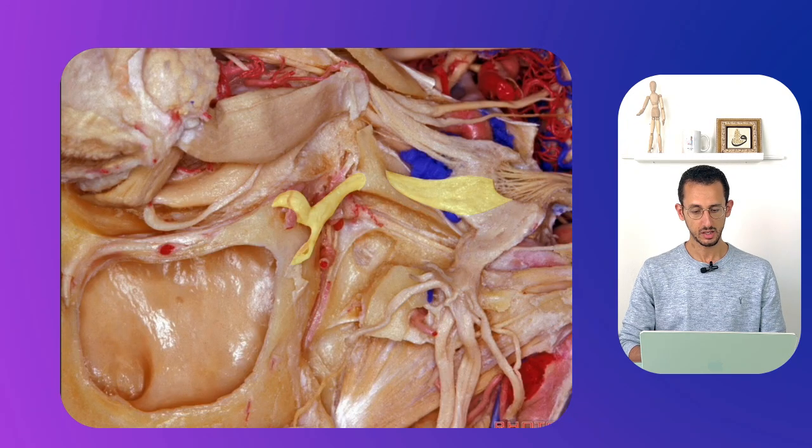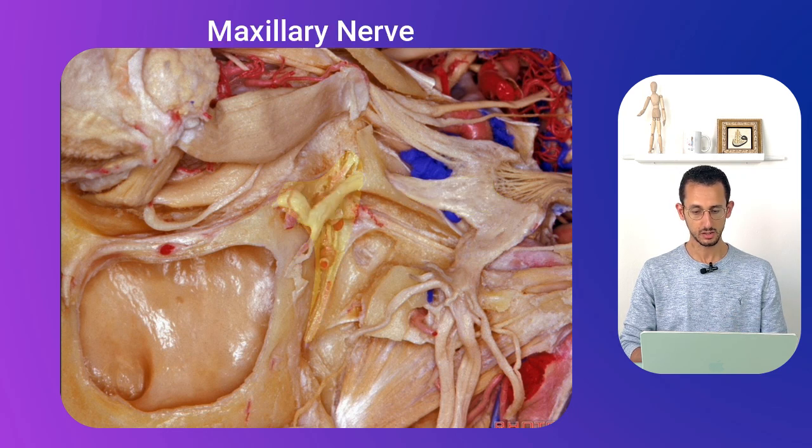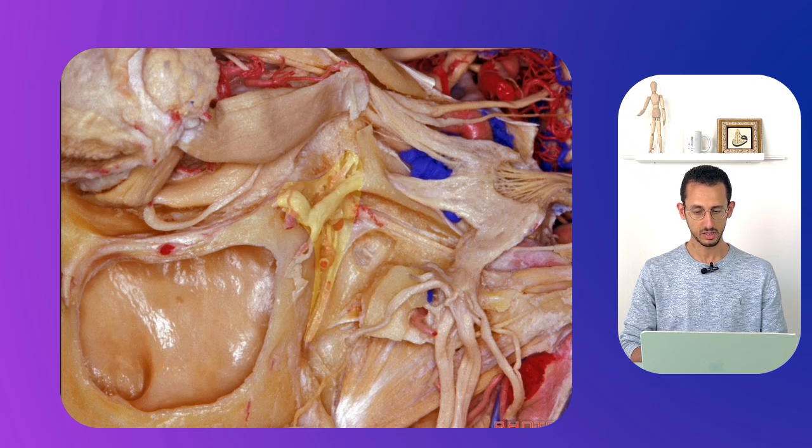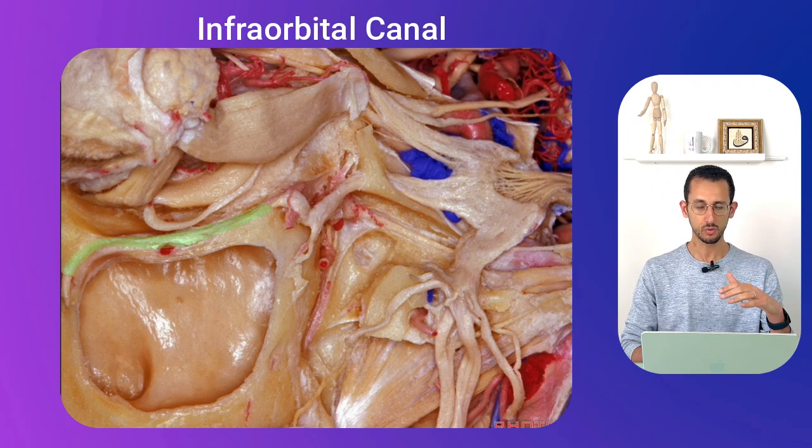Here you can see the infraorbital nerve. The maxillary nerve here is entering the pterygopalatine fossa, with its branches. It passes through the inferior orbital fissure and continues as the infraorbital nerve in the infraorbital canal, which is basically in the floor of the orbit.